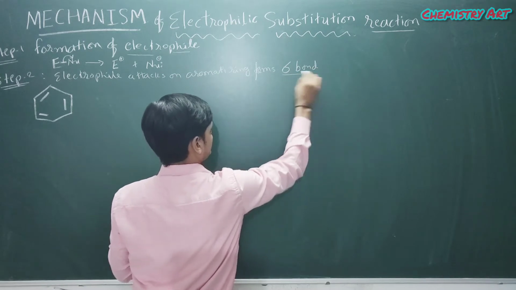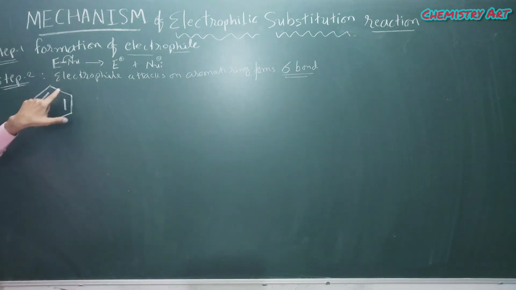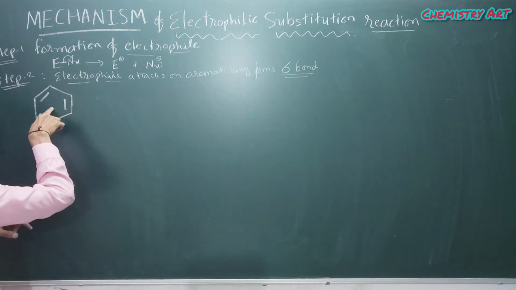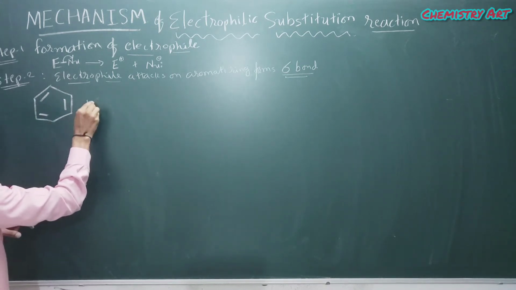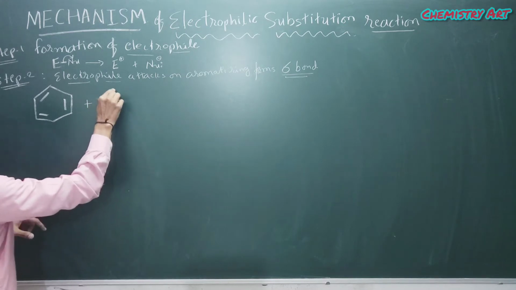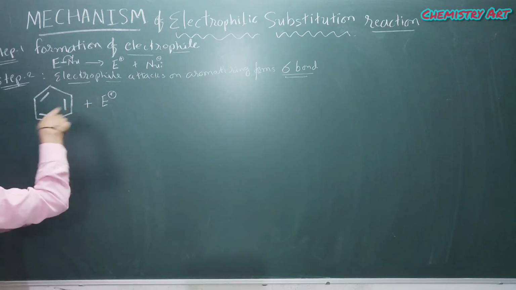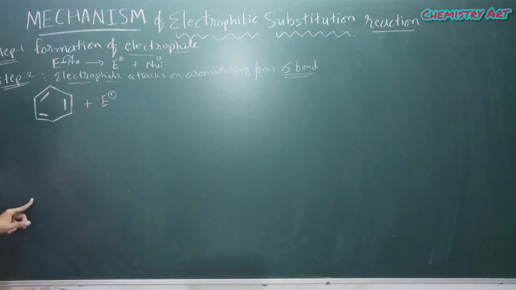It is forming a sigma bond, meaning the electrophile will attack the aromatic ring, for example benzene. Let me write here E plus, this is our electrophile, and this is our aromatic ring, and it will attack on it to form the sigma bond.